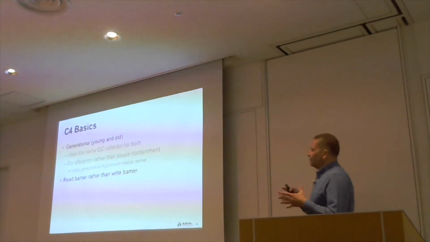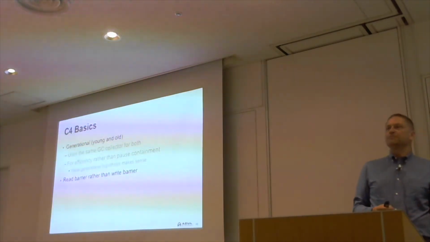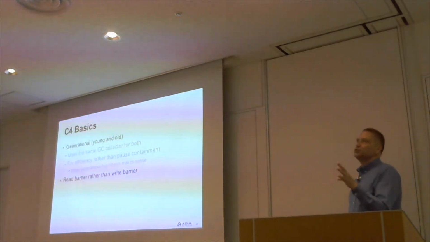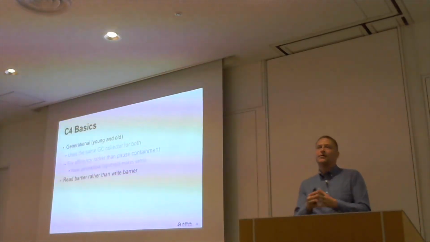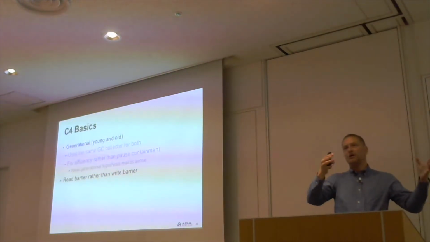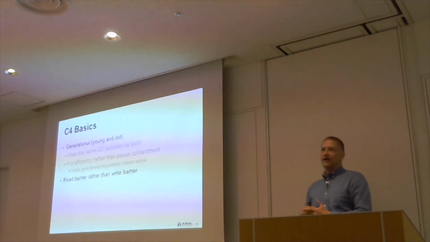The basics of C4. Like many other algorithms, though not every algorithm, C4 uses generations in terms of the heap. The idea is that you divide the heap up into regions according to the lifetime of the objects stored in there.